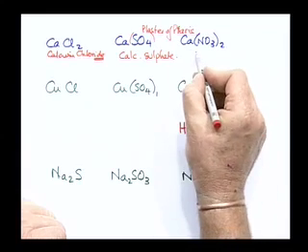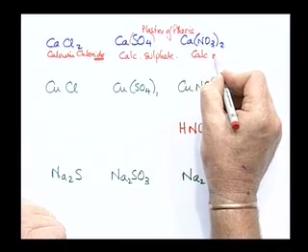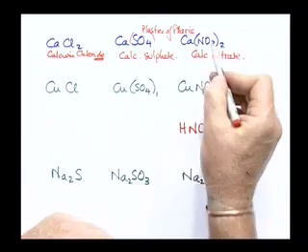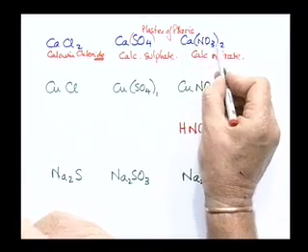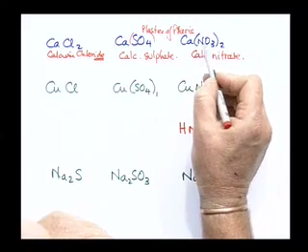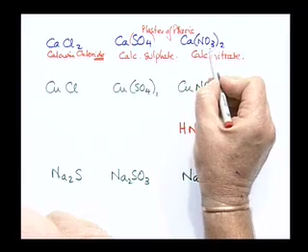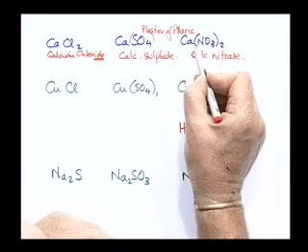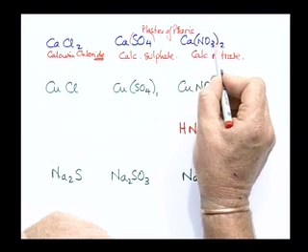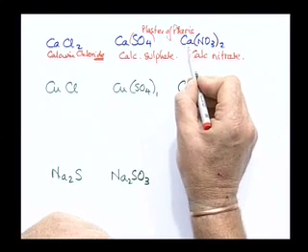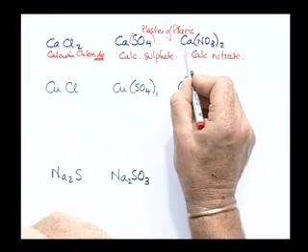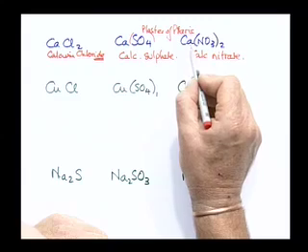Here I have something called calcium nitrate. Now the thing to notice here with calcium nitrate is that this NO3 group acts together, but clearly I've got 2 of those groups. So when I put brackets around the NO3, which is a nitrate, when it joins with calcium, it means that there are 2 nitrates joining to calcium.